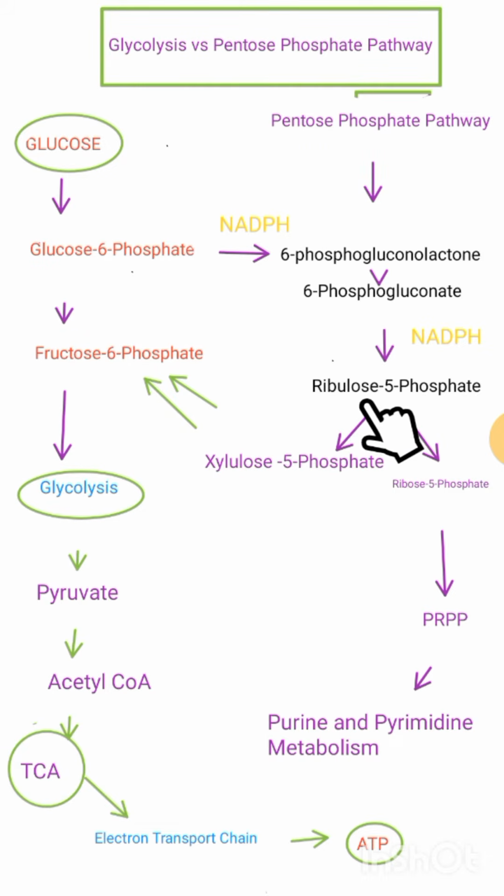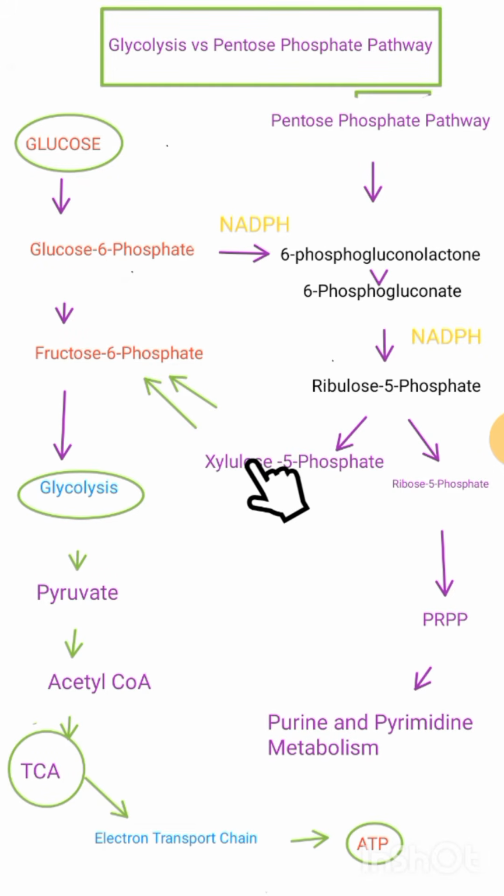Now, technically in the non-oxidative phase, this has two possible routes: to produce ribose 5-phosphate, which is used to make PRPP, or phosphoribosyl pyrophosphate, which is critical in the purine and pyrimidine metabolism, which ultimately produces your RNA and DNA. Or ribose 5-phosphate can be converted to xylulose 5-phosphate, which can be converted to fructose 6-phosphate, an intermediate of glycolysis.